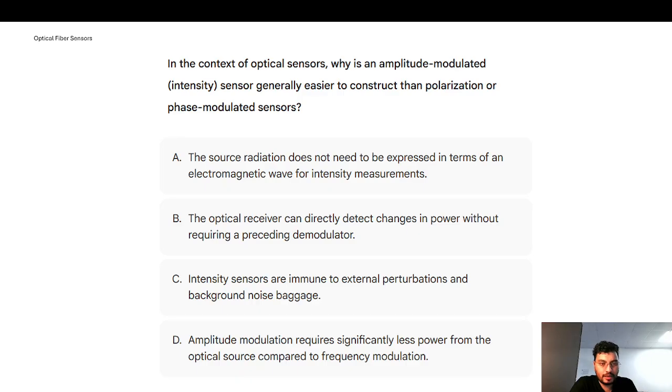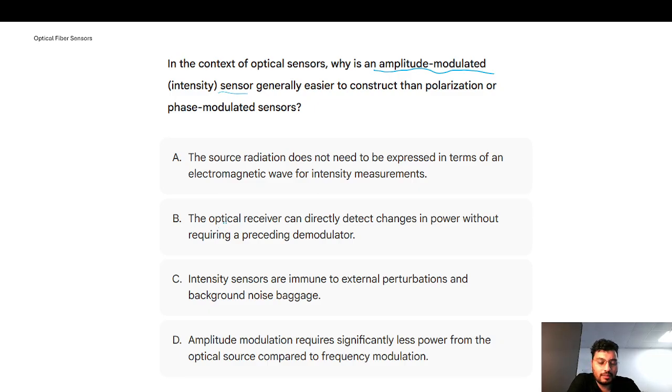Anyone, please tell. So here, what is happening? We are discussing the context of amplitude modulated sensors. Usually, amplitude modulated sensors, first thing is, they don't depend on the wavelength. Only the intensity.